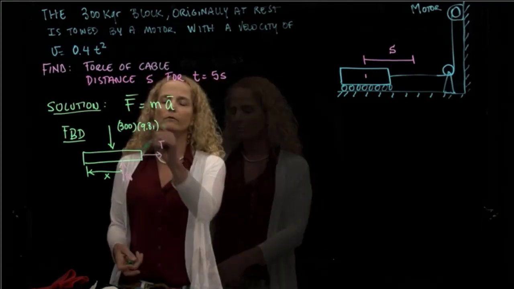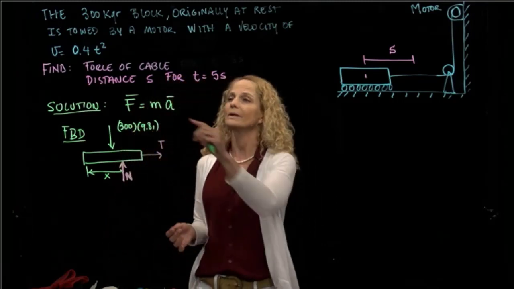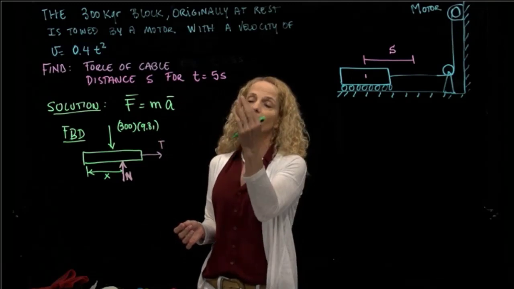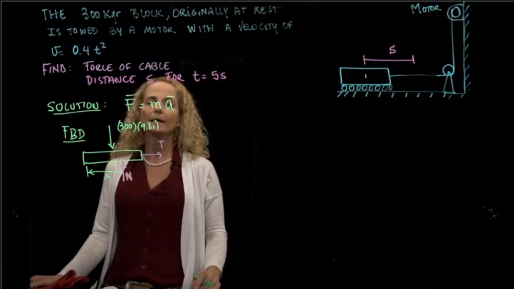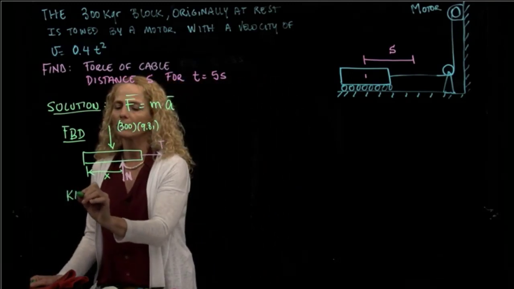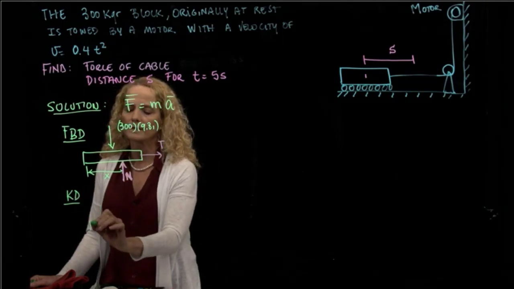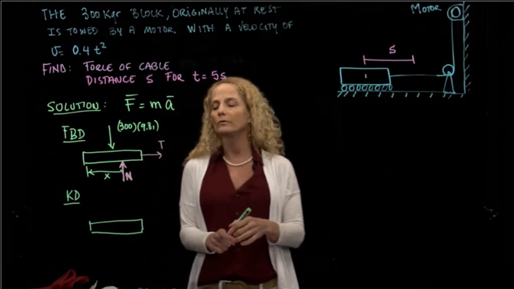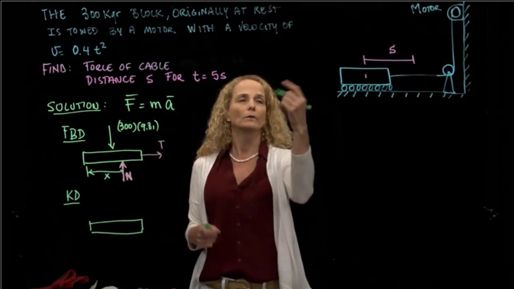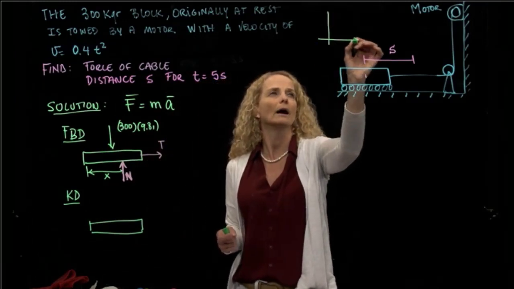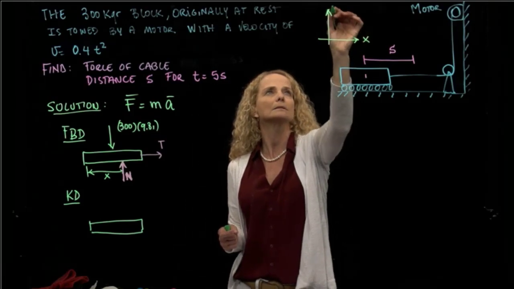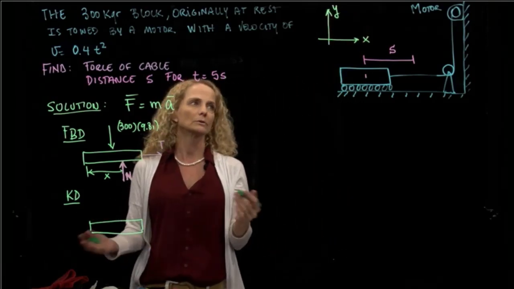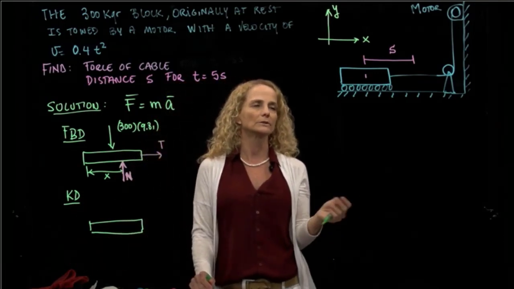And if we want to apply our equations of motion, we draw our free body diagram for the external forces, our kinetic diagram for our inertial forces. So we draw the kinetic diagram of the same block, and it will not move in the vertical direction, so we have to always talk about our system, X and Y. So in the Y direction, I do not have any acceleration.